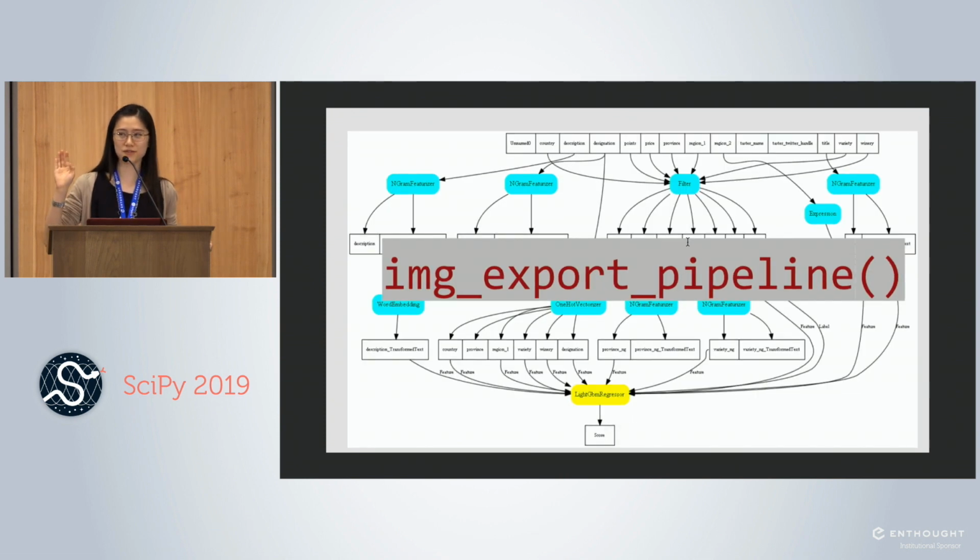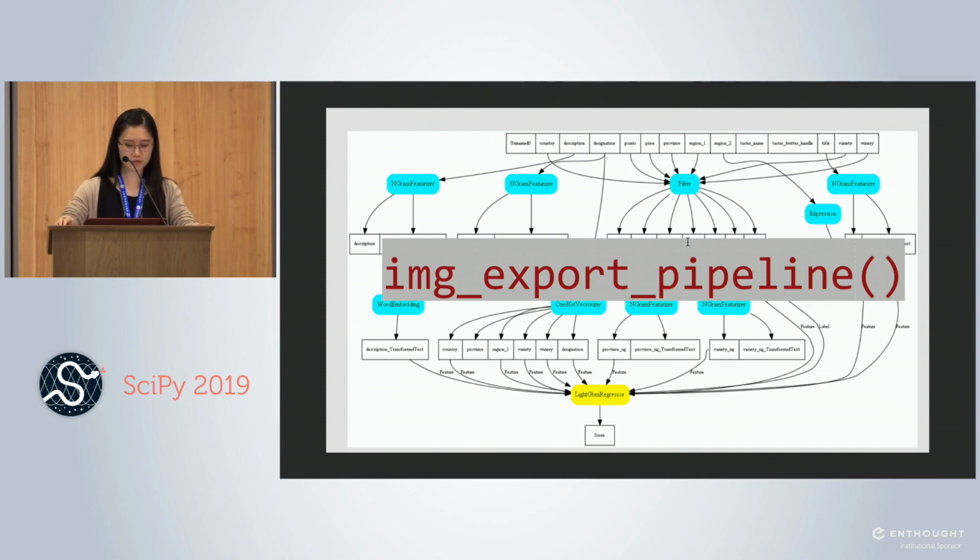And this is my very favorite function of NimbusML. It is called img_export_pipeline. If you create a pipeline like we have on the previous page, what you need to do is just put it into this bracket. It will visualize the pipeline you just created. So I hope I can hide this.